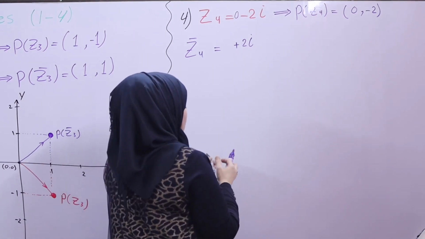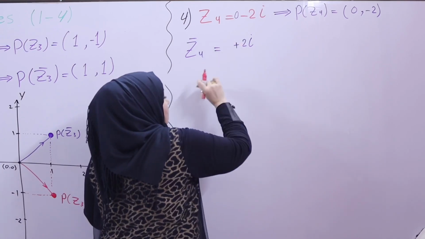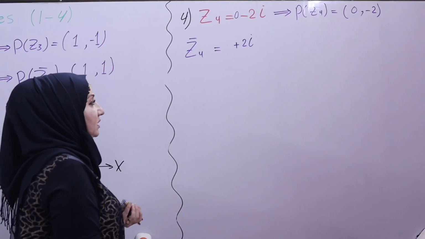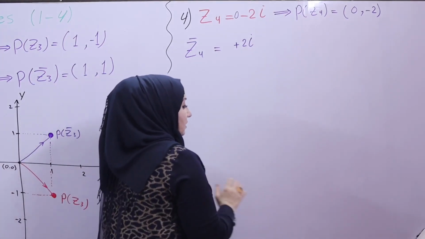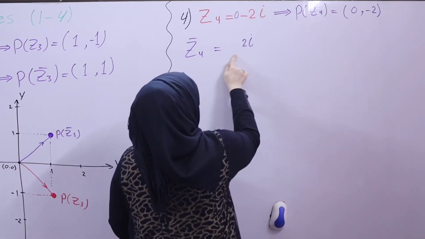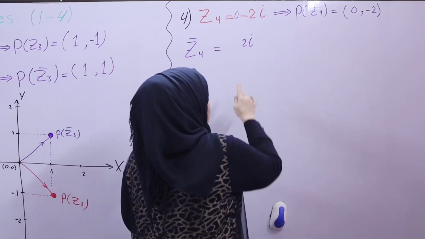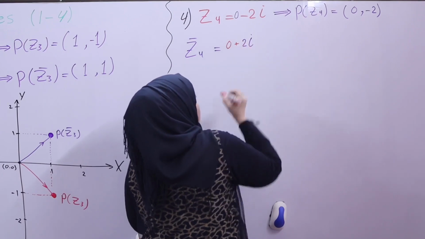And the real part is 0, because we can't find it, which means its value equals 0. And now this is the complex number which represents the conjugate of Z4, which is positive 2i. So that means the real part equals 0.